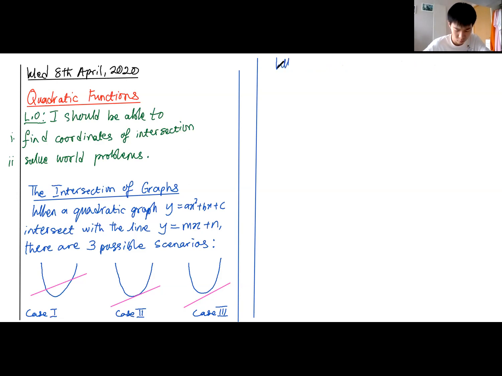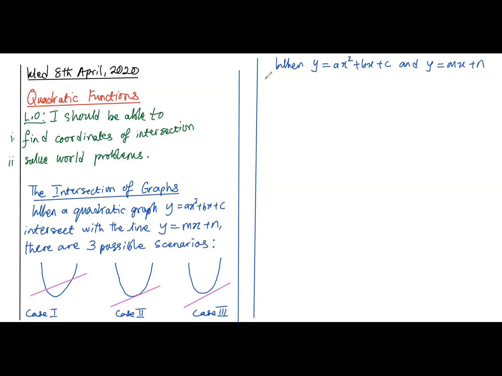Okay. When y equals ax squared plus bx plus c, and y equals mx plus n are equated, the quadratic equation formed gives two distinct roots.